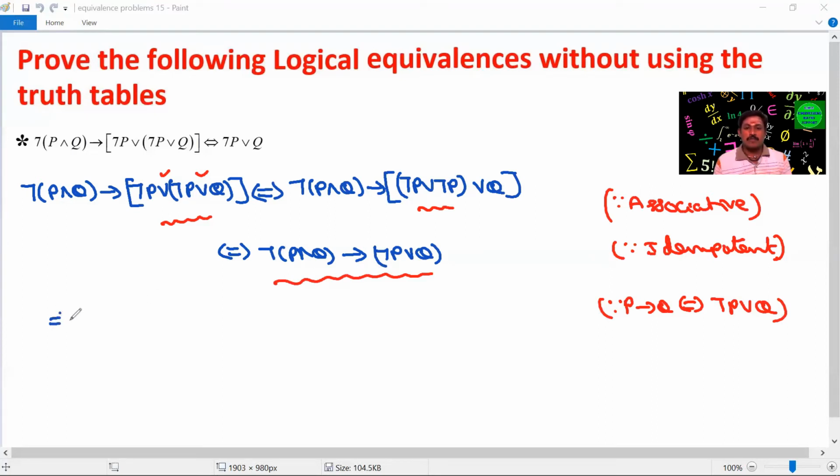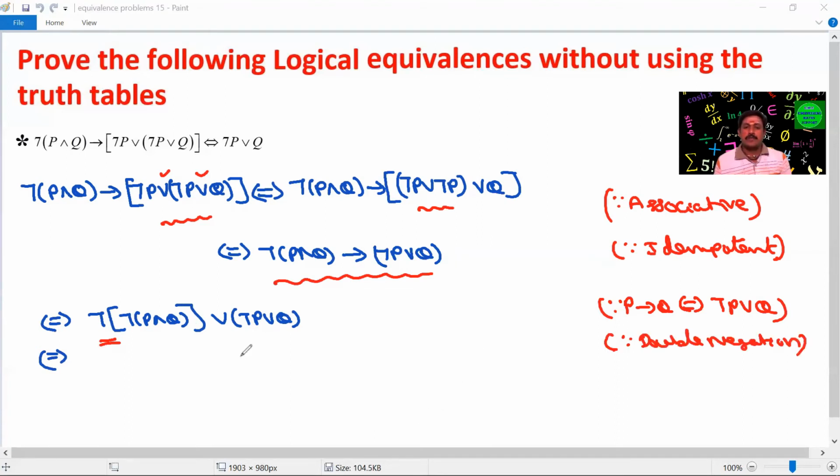So therefore, it is equivalent to not of P and Q, or not P or Q. That is equivalent to. Here, if you observe this term, not of not, double negation law we can apply.